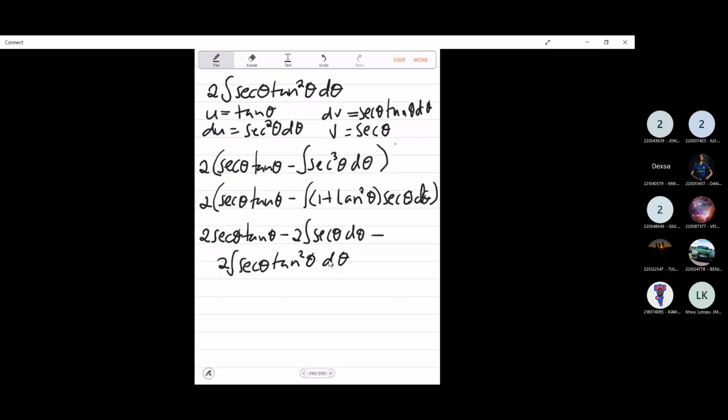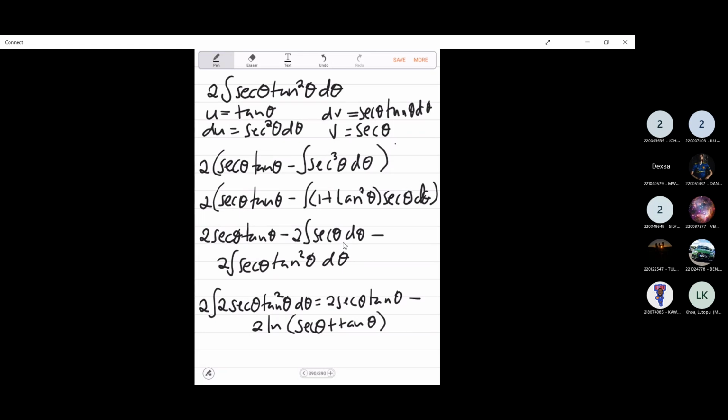And now you can see that this one here is the same as what we have that side, so we can take it to the other side and then divide by 2. So we have 2 sec theta tan squared theta d theta equal to 2 sec theta tan theta minus the integral of this, 2 ln of sec theta plus tan theta.